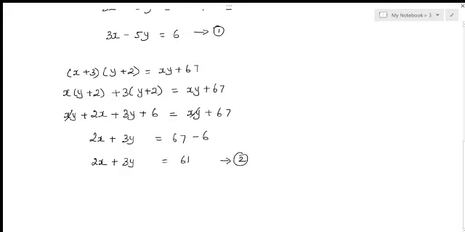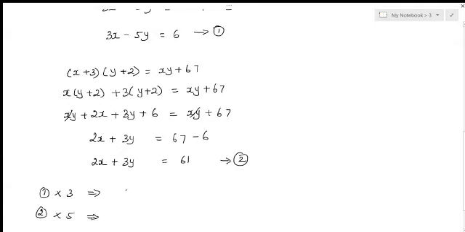So I have to solve equations 1 and 2. I am going to solve them by the elimination method. I have decided to eliminate the variable y. You can see the coefficient of y in the first equation is minus 5, and in the second equation it is 3. So I am going to multiply equation 1 with 3 and equation 2 with 5.